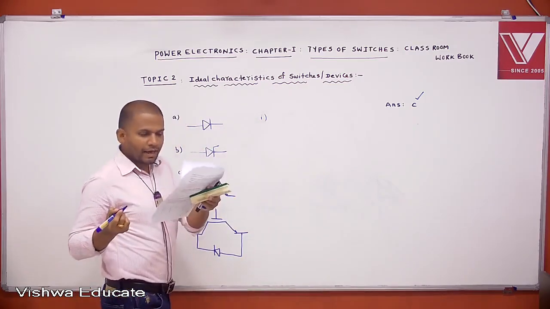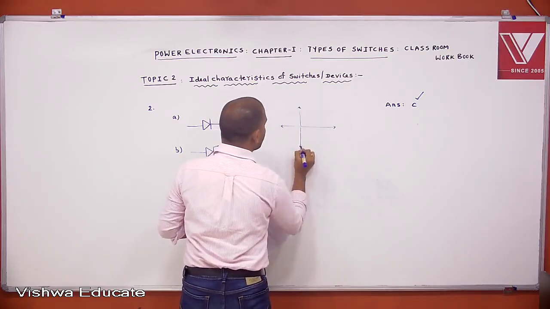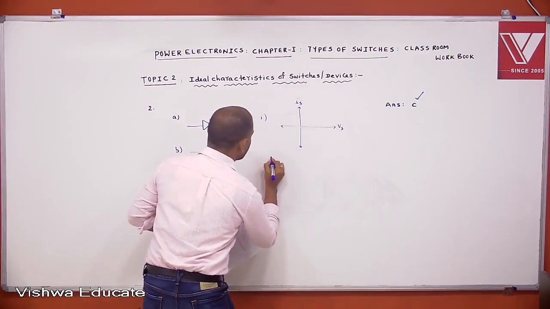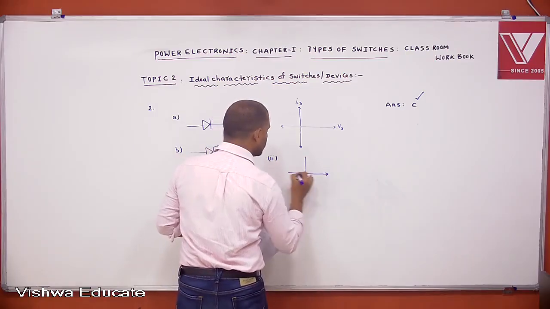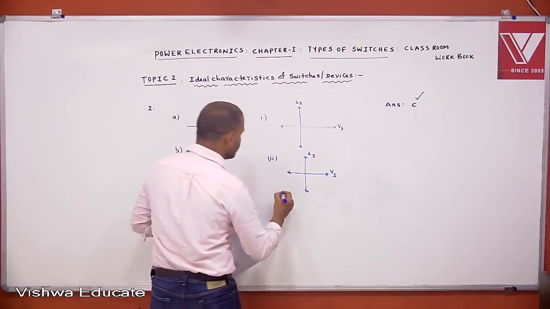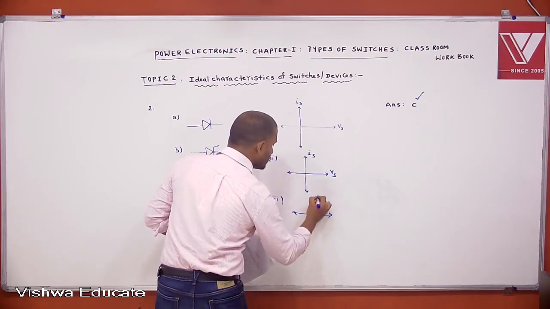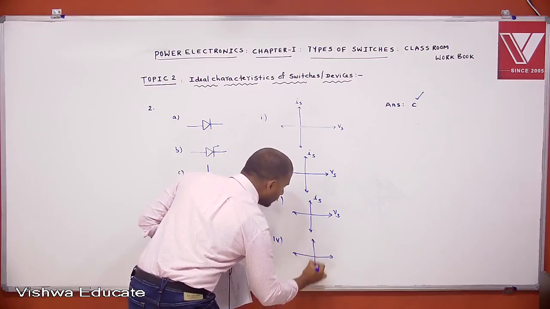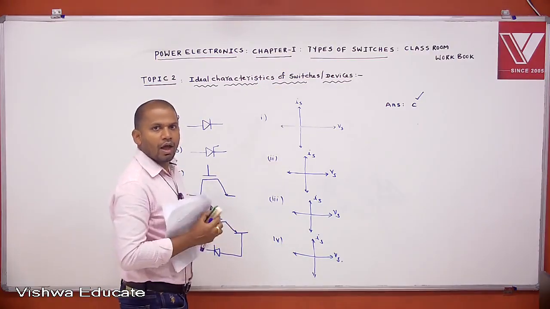First one, the characteristics are given like this, IS, VS. The second one, again the characteristics, IS, VS. Third one, IS, VS. The fourth one, IS, VS. The characteristics are represented with large black dots.